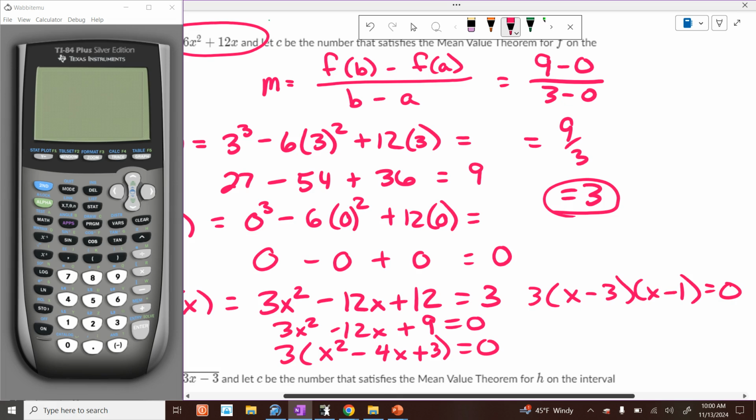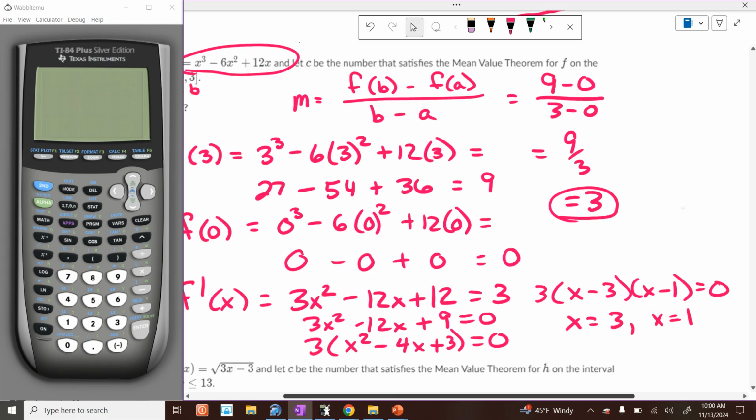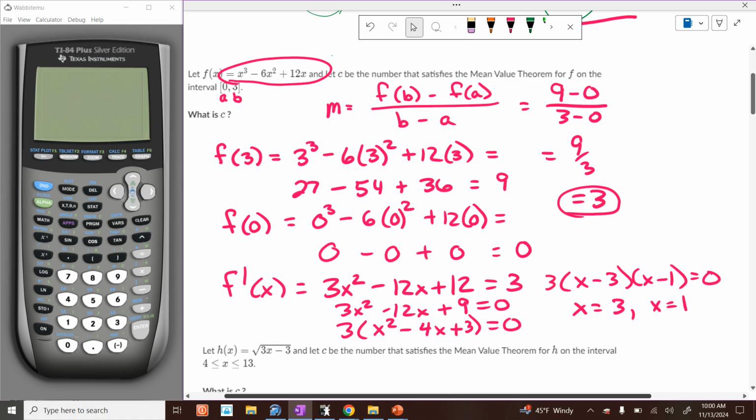Does the 3 on the outside matter? No. So x would equal 3 and x would equal 1. Now, when you get your answers, are 3 and 1 within this interval of 0 to 3? And the answer is yes. So 3 and 1 satisfy the mean value theorem.